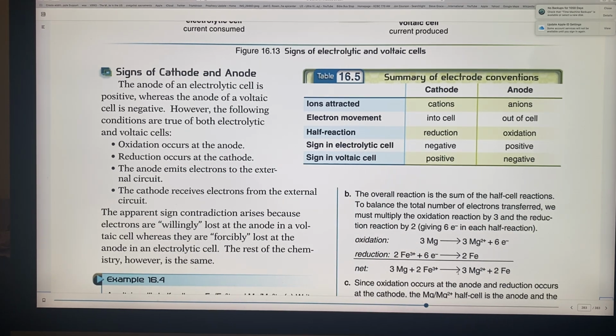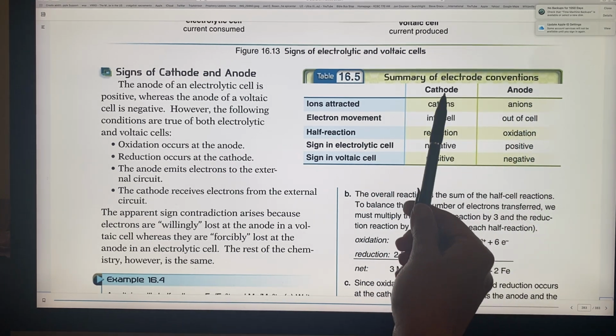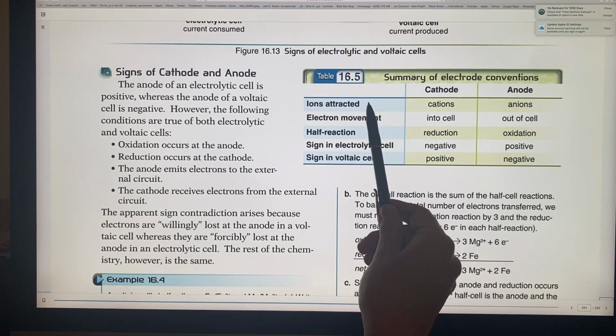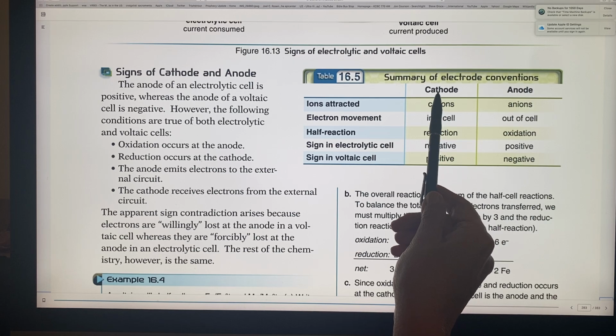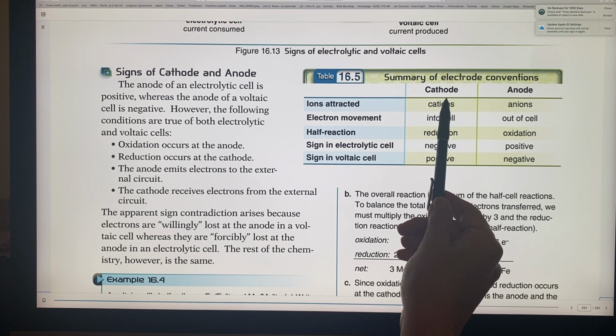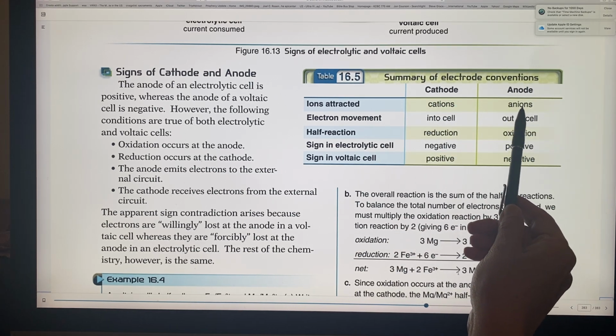So let's look at this summary. Oxidation occurs where? Remember, they're both vowels: oxidation, anode, an ox. And reduction, red cat, two consonants, occurs at the cathode. So we have cathode and anode. The cations are attracted to the cathode, and the anions are attracted to the anode.